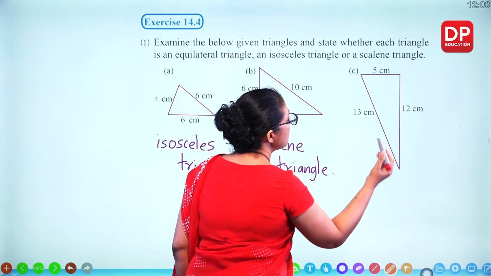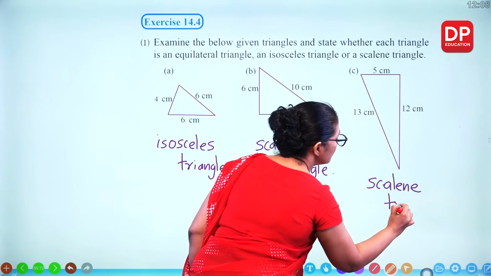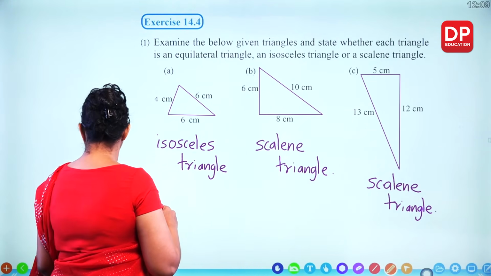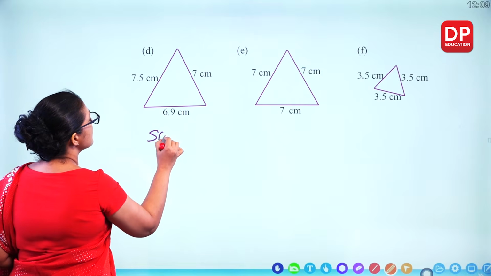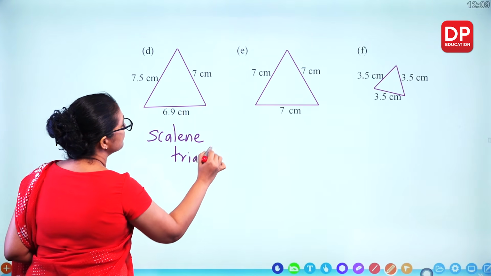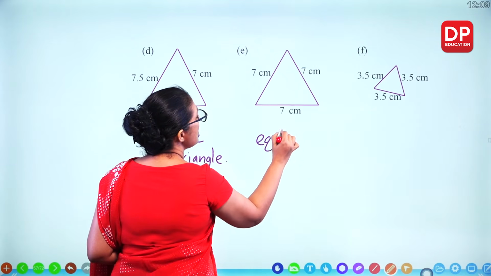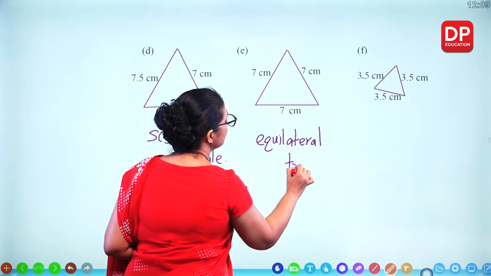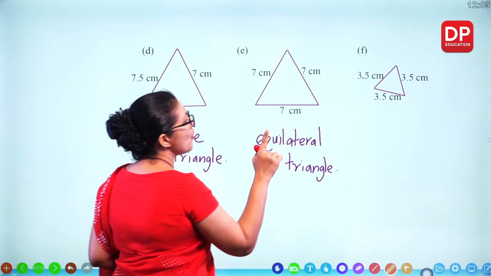5, 13, 12. All are different. Scalene triangle. 7.5, 6.97. All are different. Scalene triangle. 7, 7, 7. All are equal. Equilateral triangle. 3.5, 3.5, 3.5.